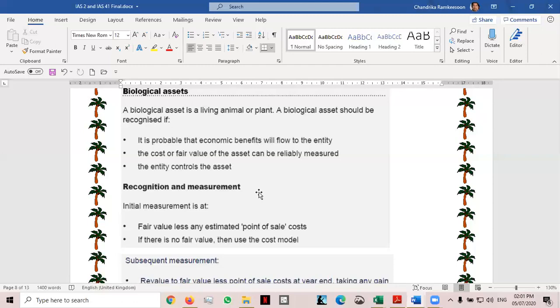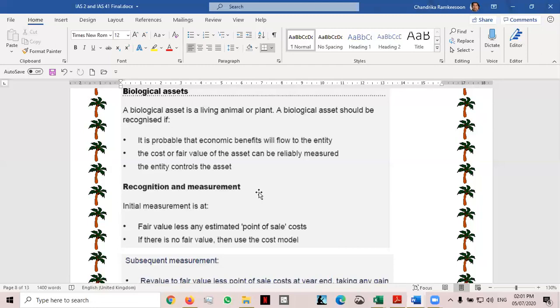What we are seeing here is that unlike IAS 16, where the initial measurement is at cost, and then of course subsequent valuations could be at cost or fair value, initial measurement here is at fair value less any point of sale cost. Only if there is no fair value, then the cost model. So it's not as though, number one, the cost model has to be used for initial measurement.